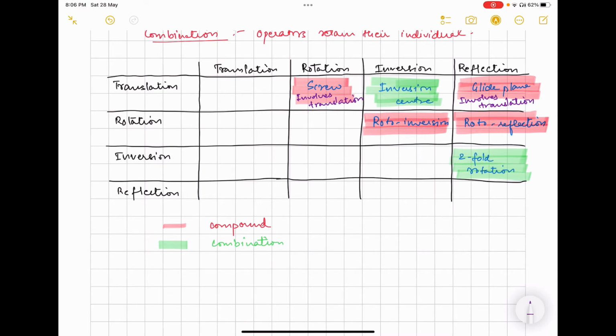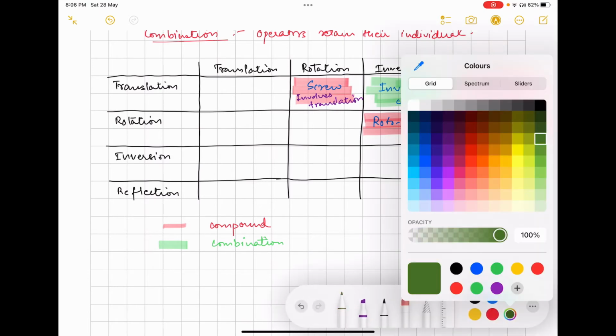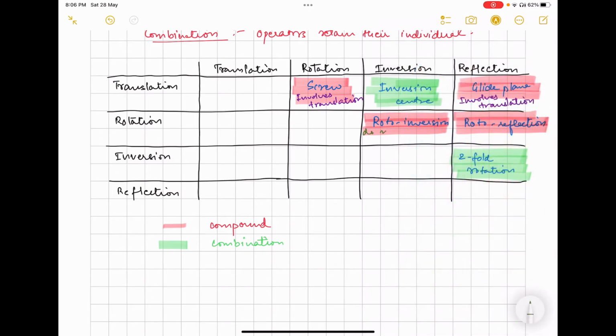Whereas roto-inversion and roto-reflection, they do not involve translation. Similarly, this also does not involve translation.